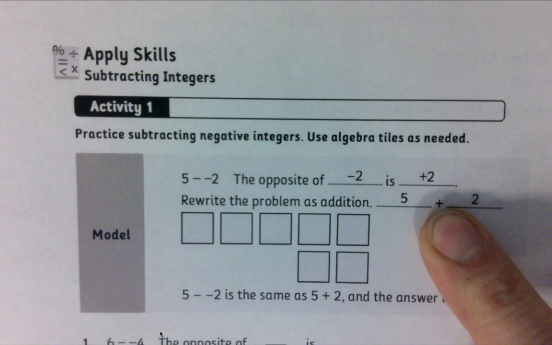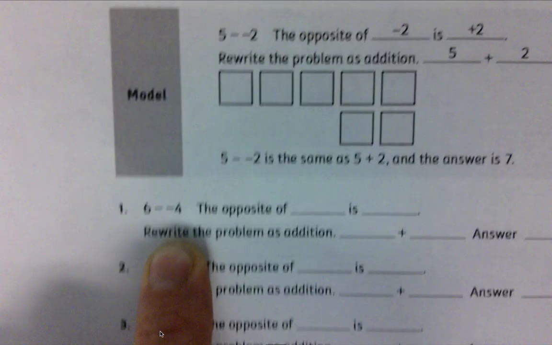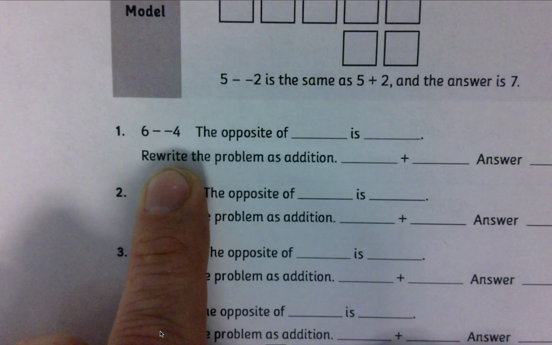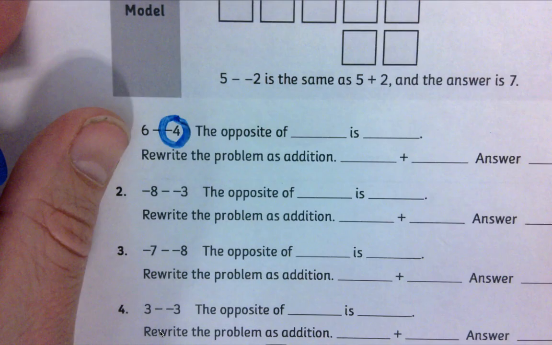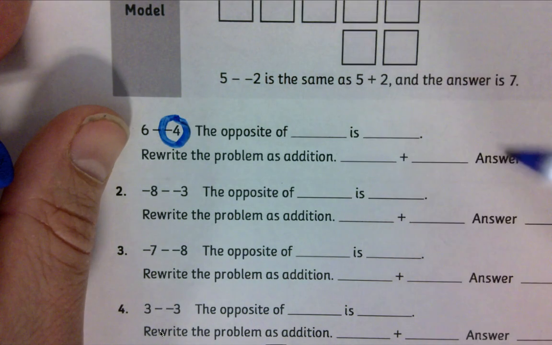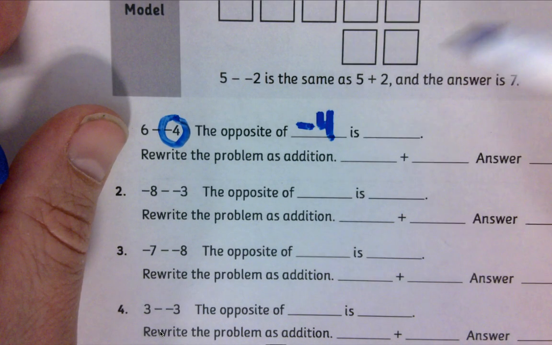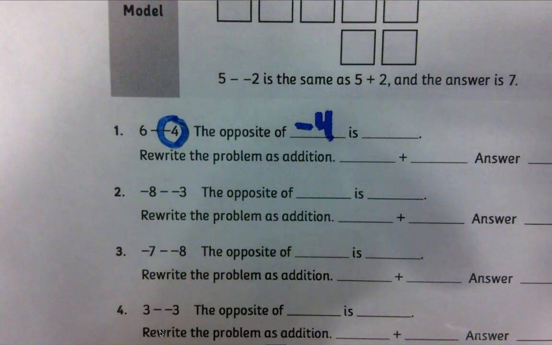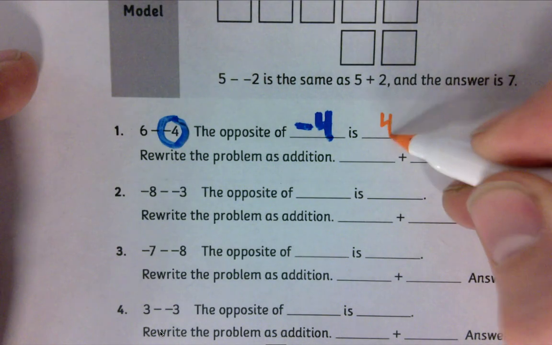You can see that they rewrote it. We're going to do the same thing. So on number 1, circle up the second number. That's what we want to put here, the opposite of a -4. Well, the opposite of a -4 is a +4.